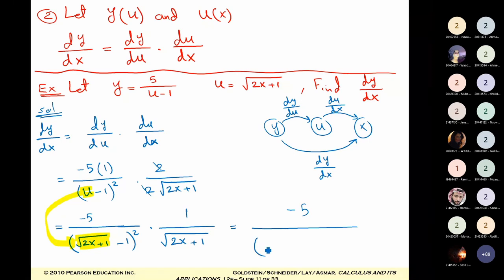This is equal to radical 2x plus 1 minus 1 squared, multiplied by 2x plus 1, like this. Okay, any question? Any question?